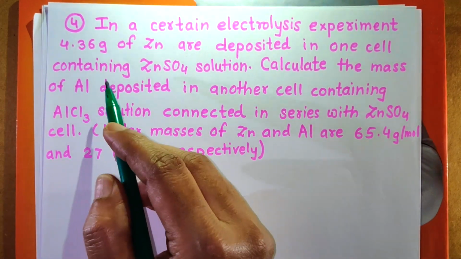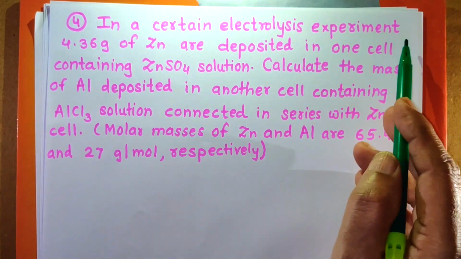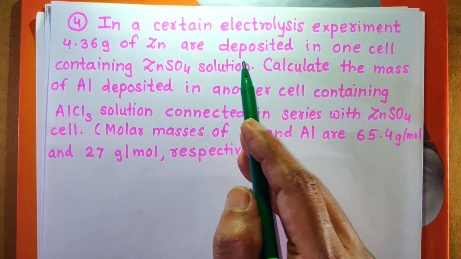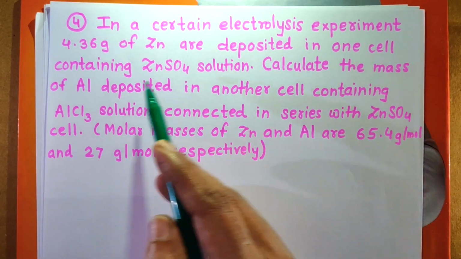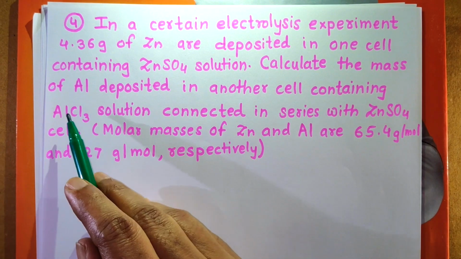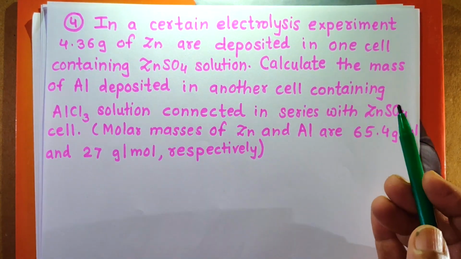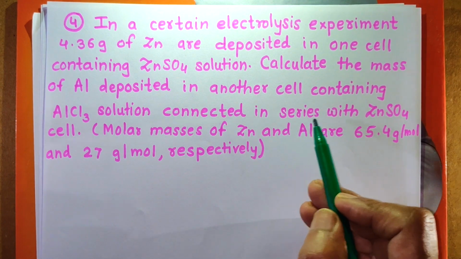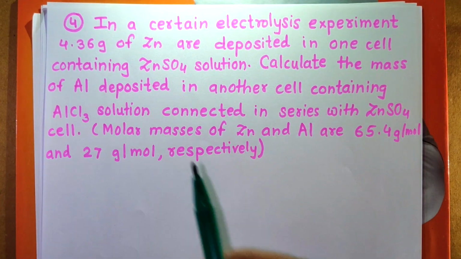See the fourth problem. In a certain electrolysis experiment, 4.36 gram of Zn are deposited in one cell containing ZnSO4 solution. Calculate the mass of Al deposited in another cell containing AlCl3 solution connected in series with the ZnSO4 cell.